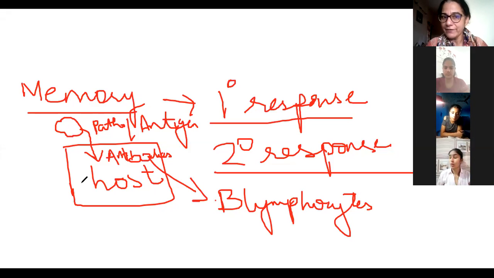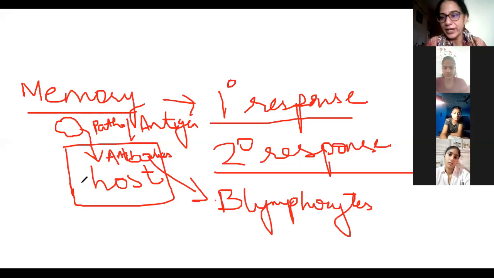Second time, when the same kind of antigen enters into our body, our body remembers that this has happened before, and I need to be ready for engulfing it. Those antibodies are active at that time, and they engulf and kill those antigens. So that's why the second time either the effect doesn't come, or the effect is very mild, and that is not painful.